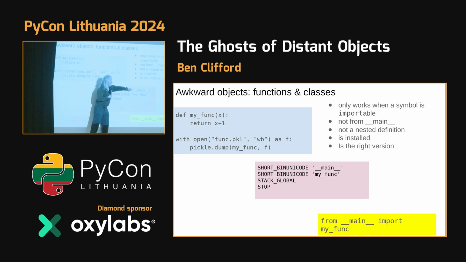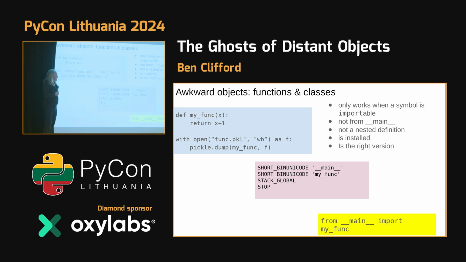You see it's got a module name and a function name and nothing else. It just says, well, we're just going to run this import statement. And that's enough to retrieve the function at the other end. And that only works if you can actually import the function that you pickled, because it's sending it by reference, by name.